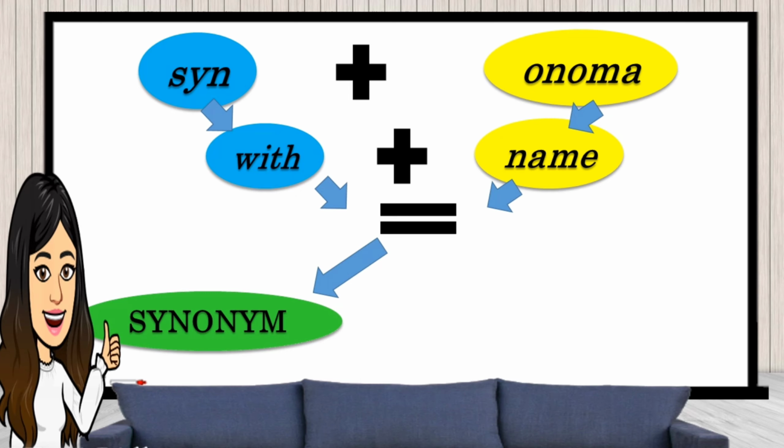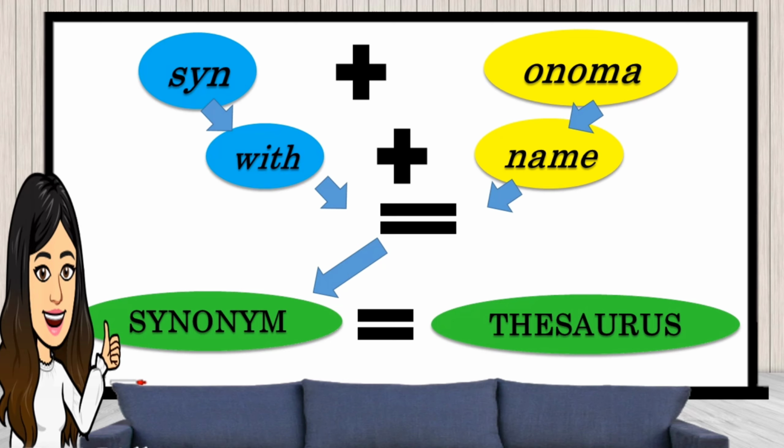Synonyms are regular and essential parts of everyday language that we use almost without thinking. They come in all parts of speech: nouns, verbs, adjectives, adverbs, and so on. Synonyms are so important that there is a whole reference work dedicated to them, and it is called a thesaurus. It is a dictionary of synonyms.